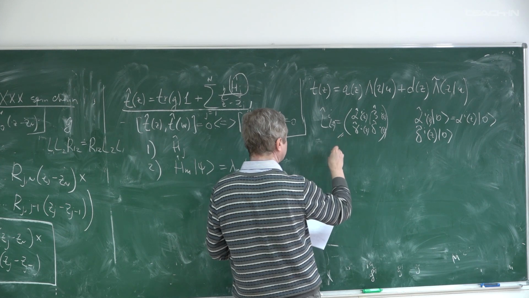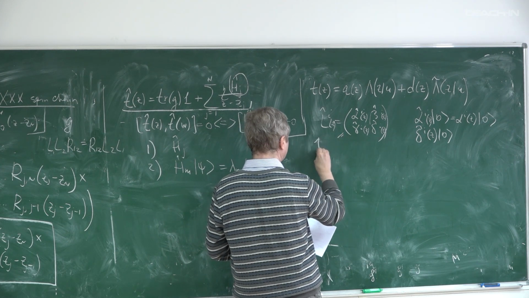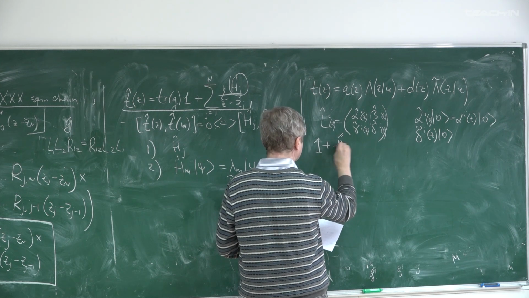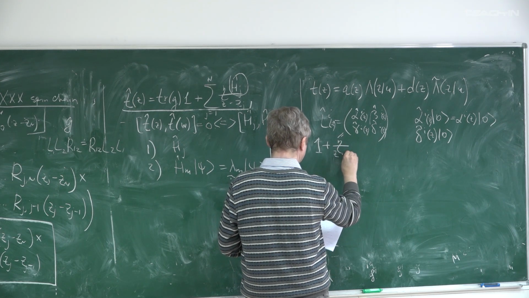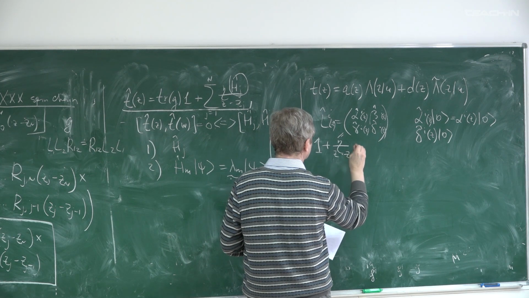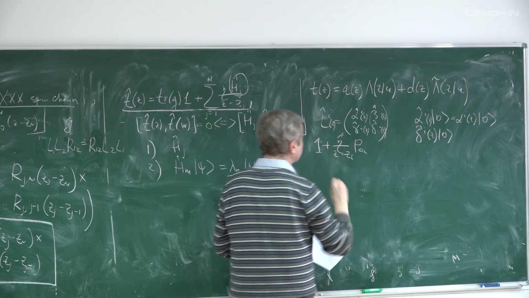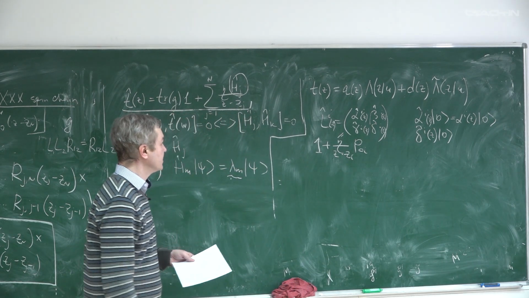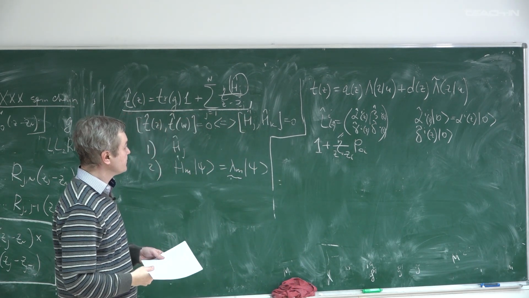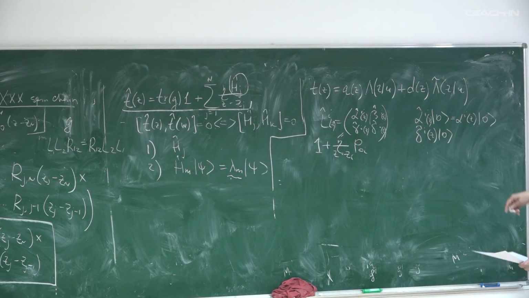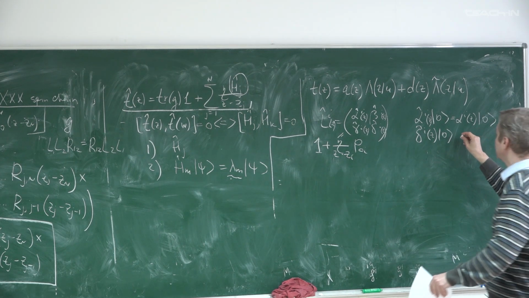This is just the rewritten form: 1 plus eta over z minus zi, multiplied by the permutation operator. For this reason, we know the concrete expression for this alpha and for the delta, which is standing here.